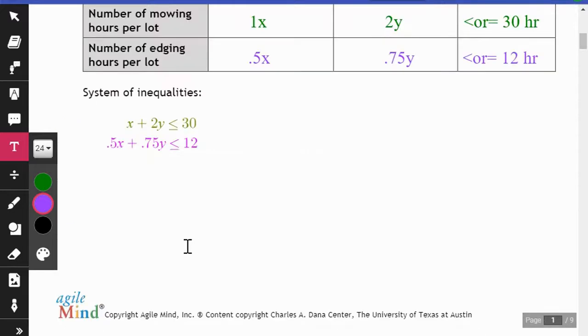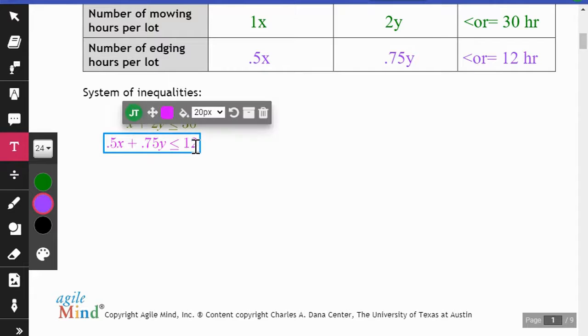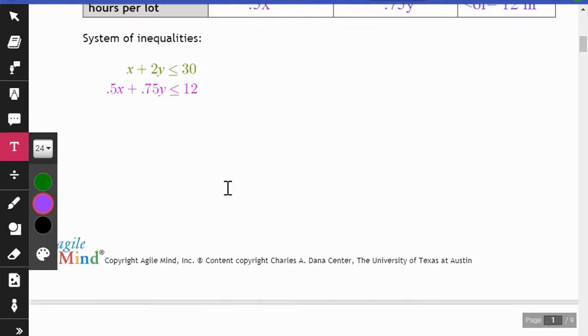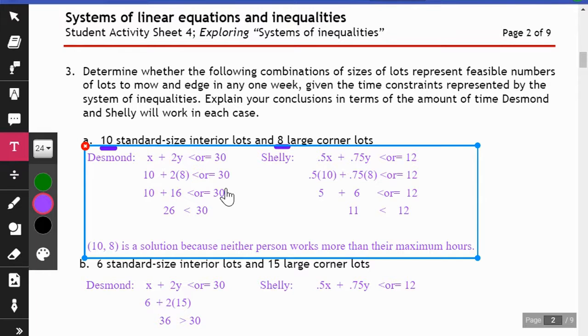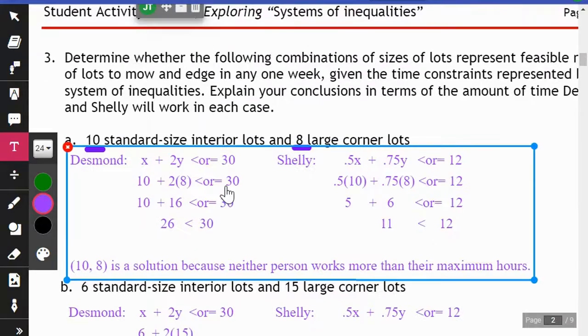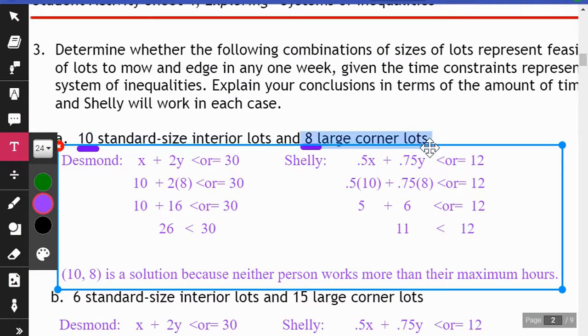Okay, so we know that Desmond can't work more than 30 hours. We know that Shelley can't work more than 12. So we're going to pick some situations and see if they work. I've already written these situations because it's painstakingly long to type it all out again. There's the situation in which they mow 10 small lawns and 8 large lawns.